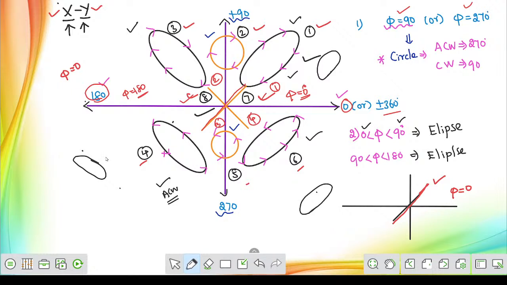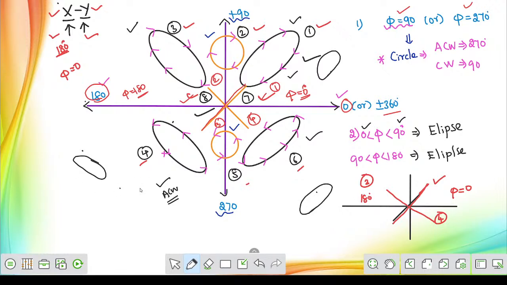Second conclusion: if the phase angle difference between the two X and Y axis signals is 180 degree, then also you will get a straight line, but that straight line will lie between the second and fourth quadrant. You will have to remember sharply 180 degree.